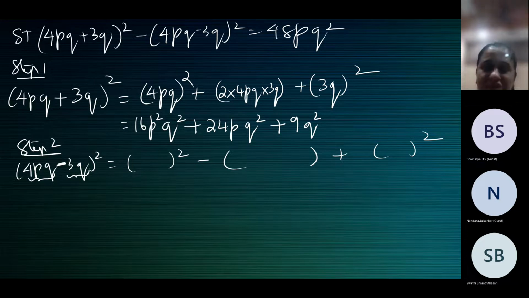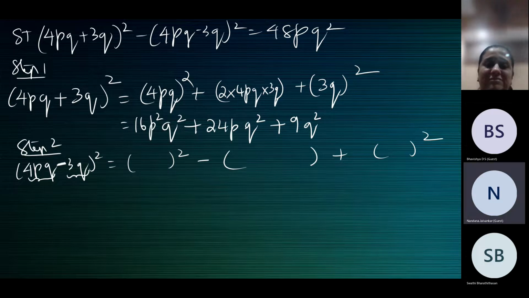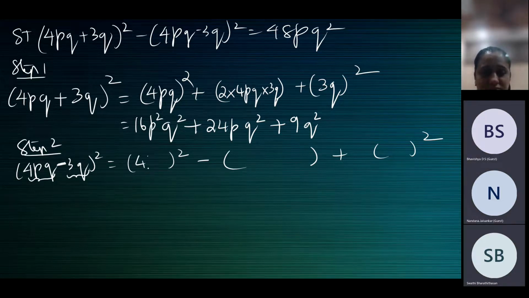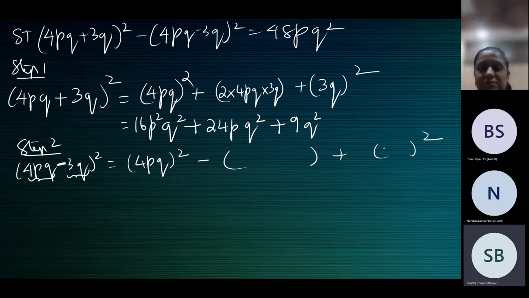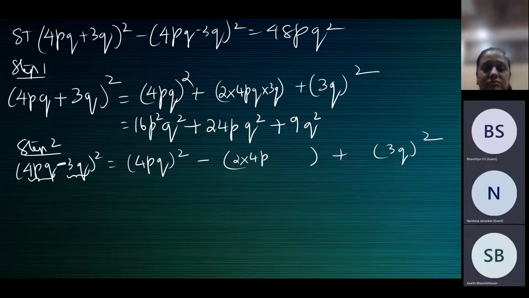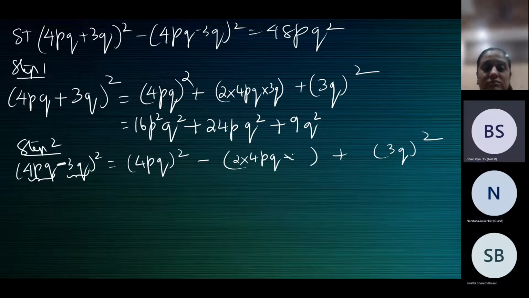Class, can we just finish this answer and then I'll take up your questions? Yes, ma'am. Now just tell me what in the first bracket. 4pq, ma'am. Okay, last bracket. 3q, ma'am. And then in the middle, 2 into 4pq into 3q.